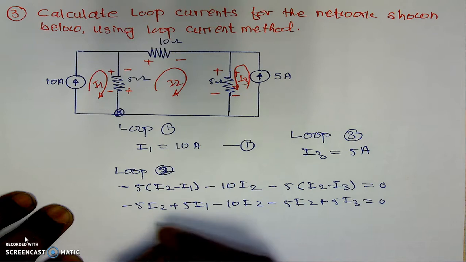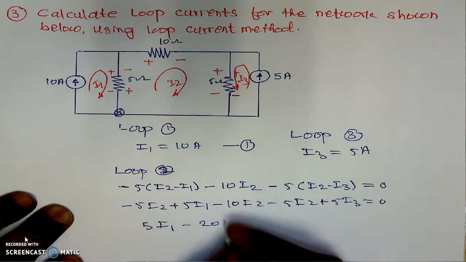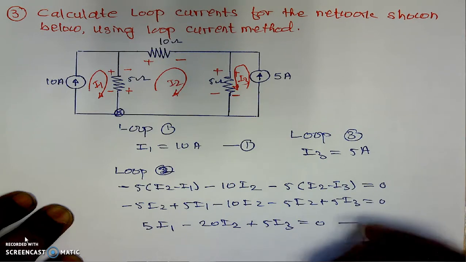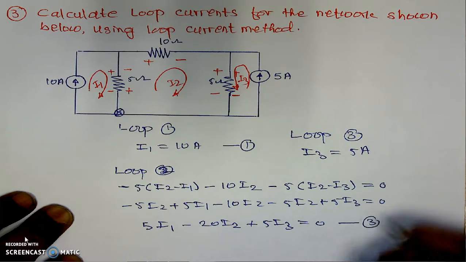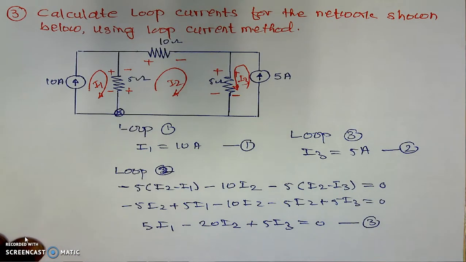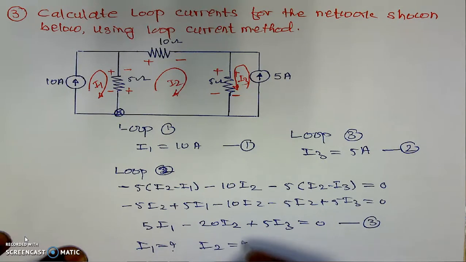Simplifying further, the equation will be 5 into I1 minus 20 into I2 plus 5 into I3 equal to 0, and this is equation number 2. We have three equations and three unknowns, and solving these simultaneously we can find the value of the current I1, I2 as well as I3.